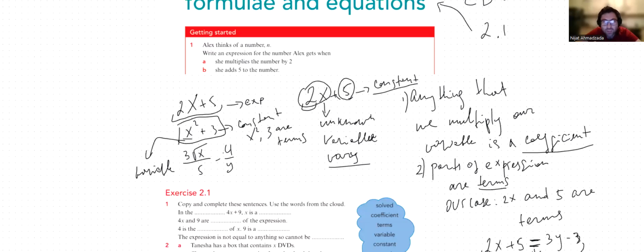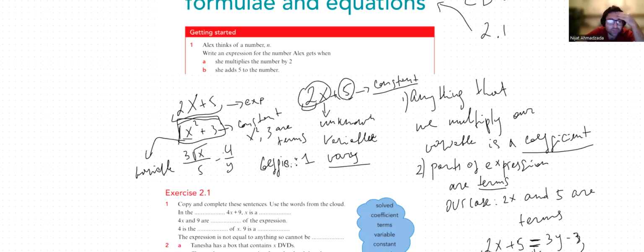And the coefficient is something that we are multiplying that x part with, right? So here we see that it's just x squared, so we multiply it with just 1. So in this x squared plus 3 case, the coefficient is 1, because it's actually 1 times x squared plus 3, right?